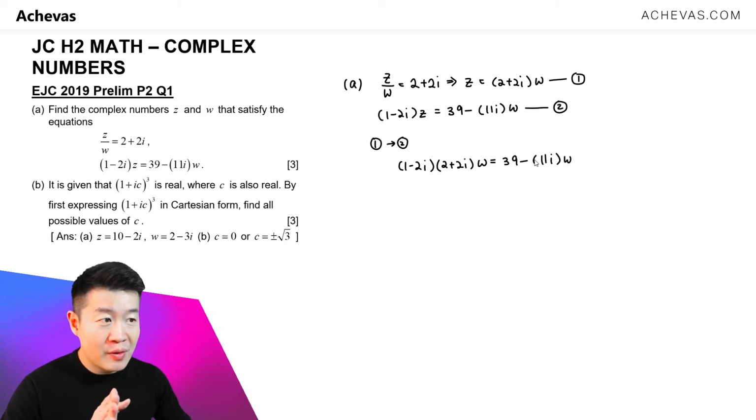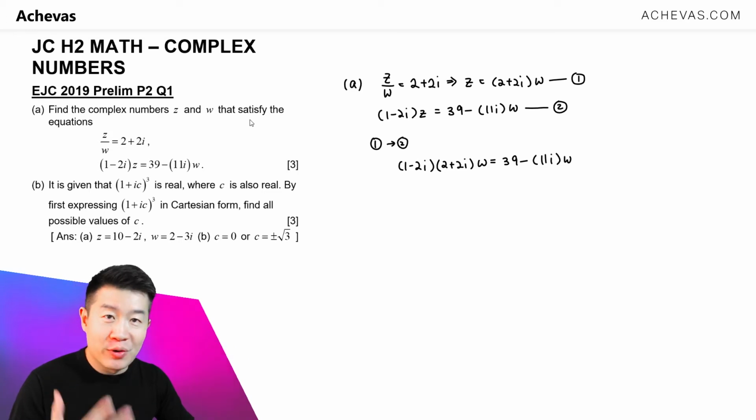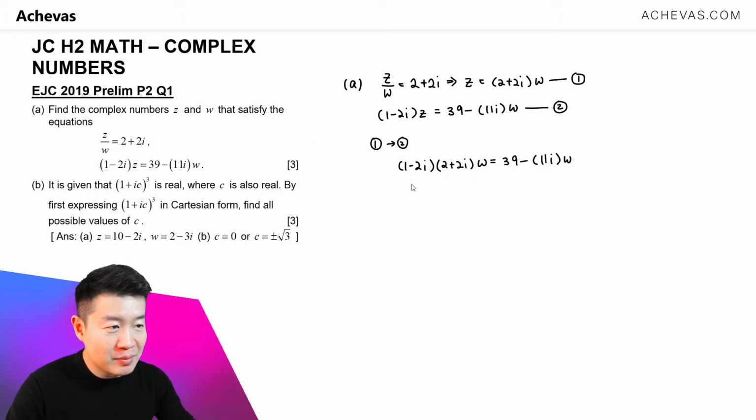This is going to be very easy to solve because the question didn't say that we cannot use the graphing calculator. So I'm going to just make w the subject, and for whatever calculations, I'm going to make use of our graphing calculator. I'm going to bring this w over to the left hand side, which will give us (1 minus 2i)(2 plus 2i), which means that I'll have a plus 11i.